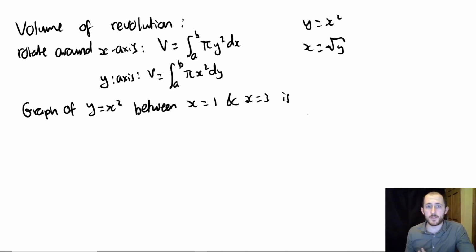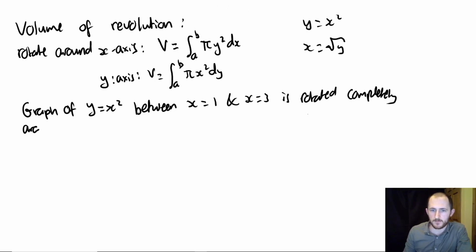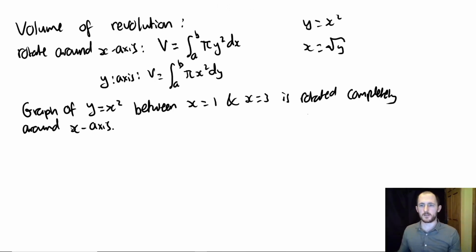And they always give you the look of the graph, the shape of it. Unless they've asked you to draw it in a previous part, they won't expect you to draw it. And it's rotated completely around the x-axis.